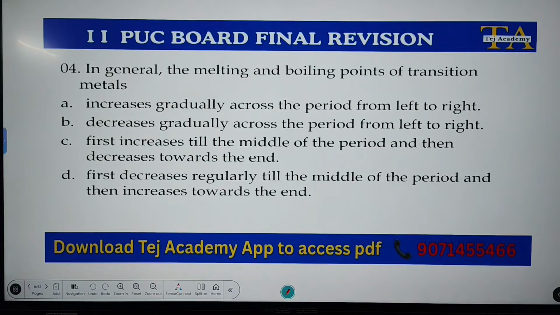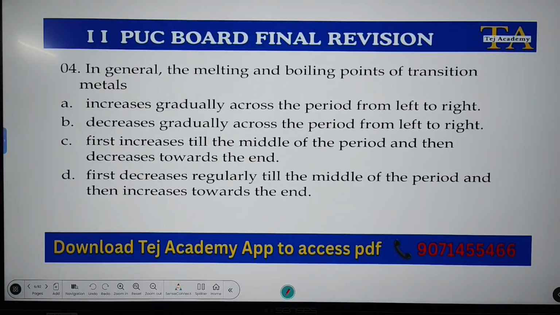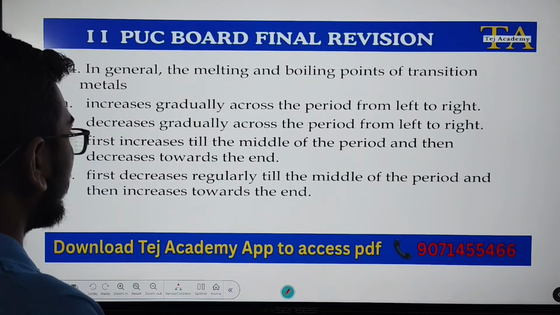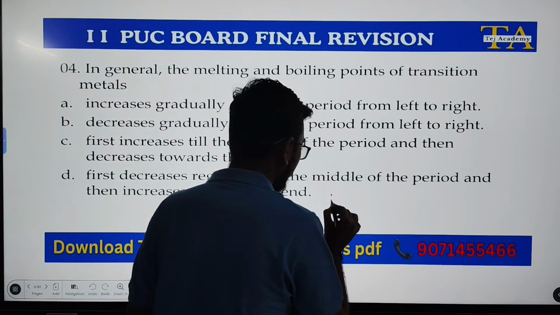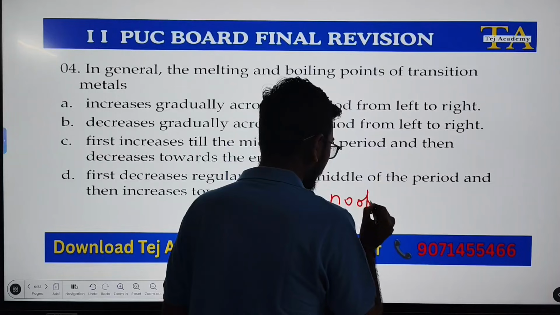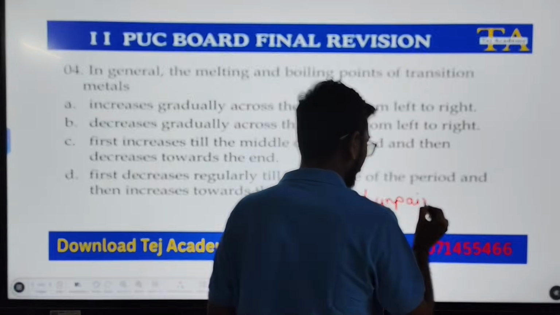In general, the melting and boiling point of transition metals increase gradually across the period from left to right, decrease gradually across the period from left to right, first increase till the middle of the period then decrease towards the end, or first decrease regularly till the middle of the period then increase towards the end. If you see one point, we know that melting point is directly proportional to the number of unpaired electrons.